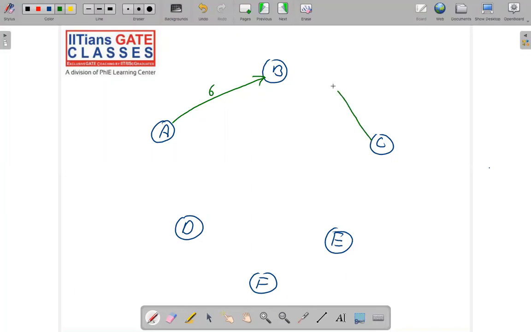From C to B, we have a direct edge with edge weight 1. From D to A, we have a direct edge with edge weight 2.